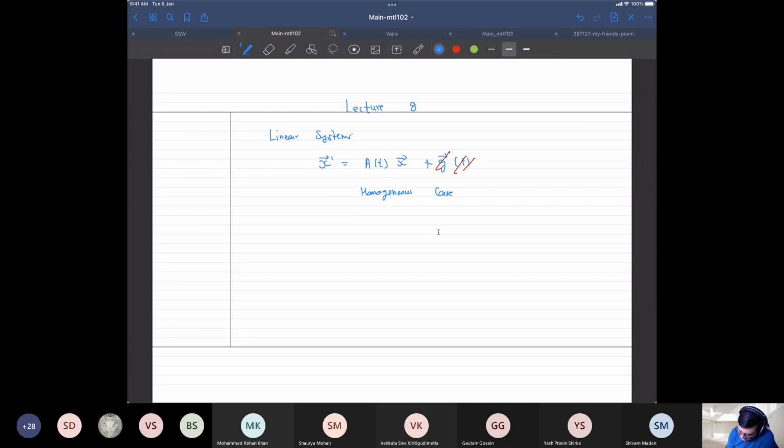So without going there, let us try to recall some of the interesting structure you have for the homogeneous solution. Now there will be two discussions. One is about the homogeneous ODE, and the second discussion will be about the corresponding initial value problem. That means you will have some initial condition with some constant vector here.